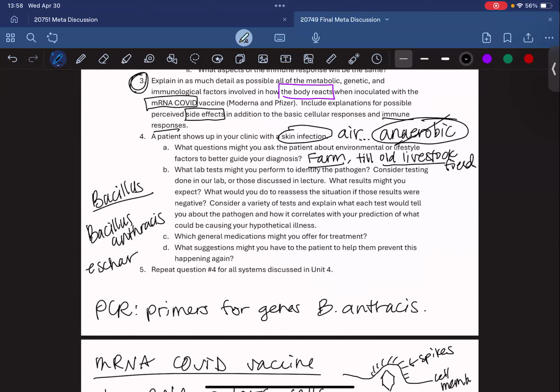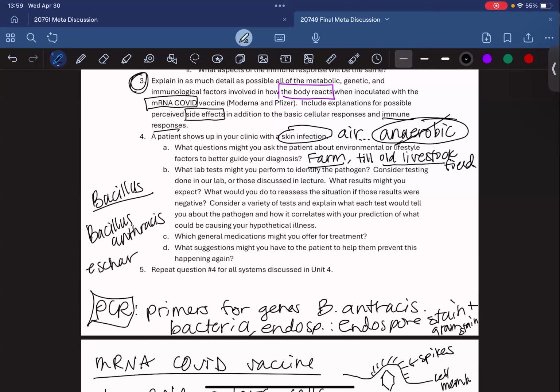This is another thing to remember: this is a bacteria, and if it's endospore forming, I could do PCR. Another one I could do is an endospore stain, and a gram stain.